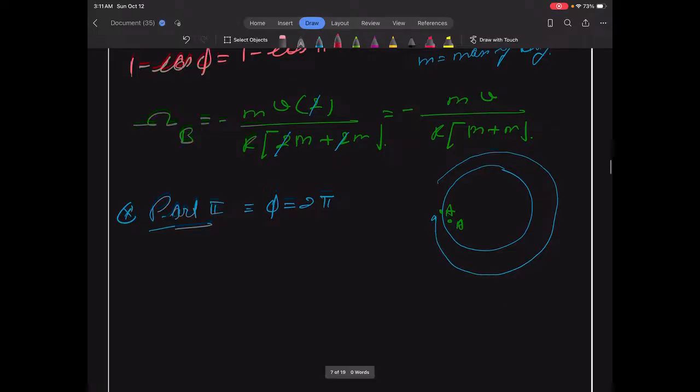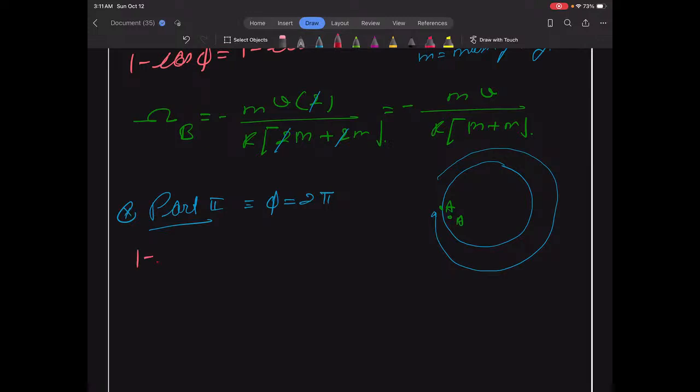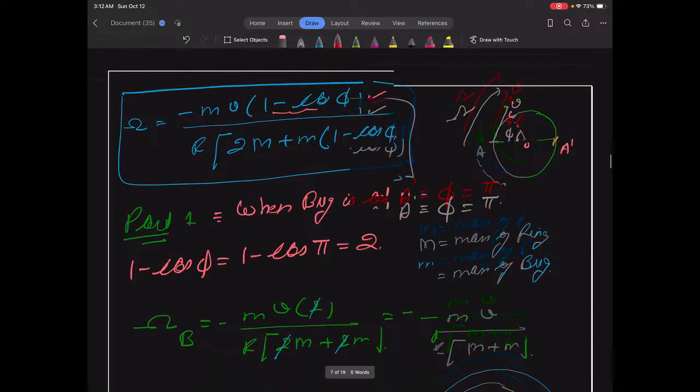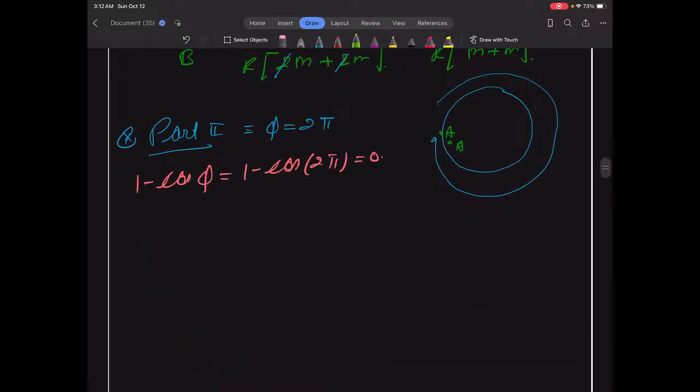We are only interested in one term, that is 1 minus cos of phi. It gives us 1 minus cos of 2 pi, and that will be equal to 0. Therefore the denominator term will be equal to 0, giving us that omega of A will be equal to 0.